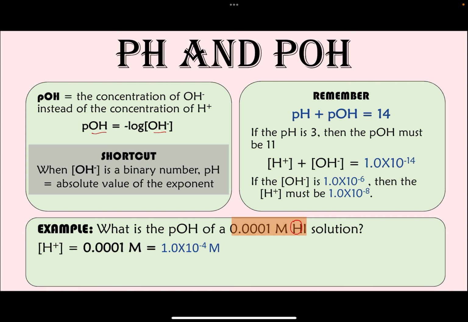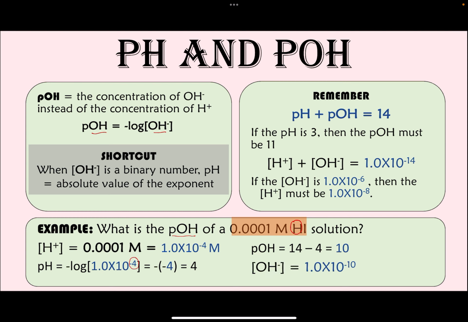So your hydronium ion or hydrogen ion concentration is going to be 10 to the power of negative 3. We can go ahead and plug that in the pH equation. And if we take the absolute value of the exponent of the concentration, then the pH is going to be 3. But because the question is asking for the pOH, we're going to do 14 minus 3, so the pOH is going to be 11.